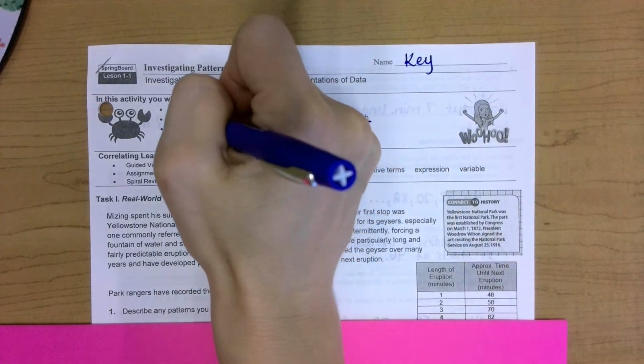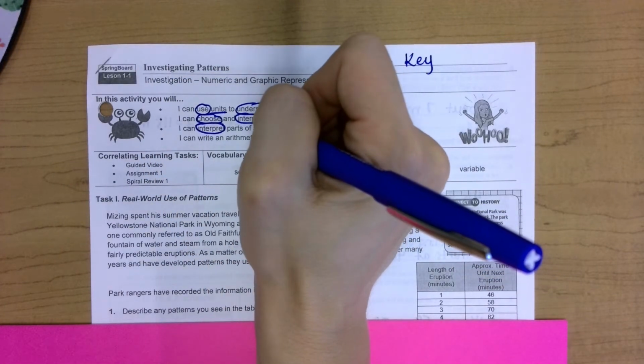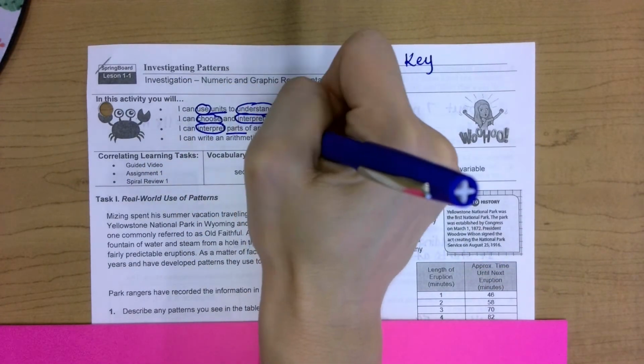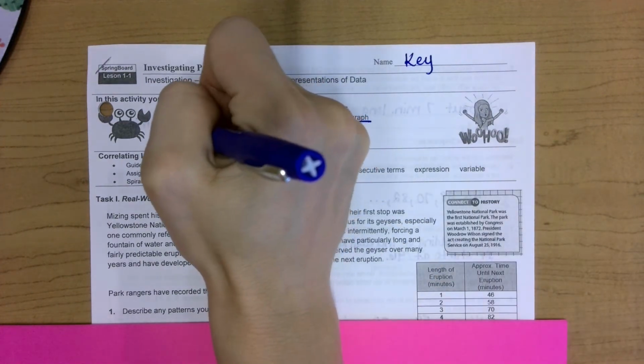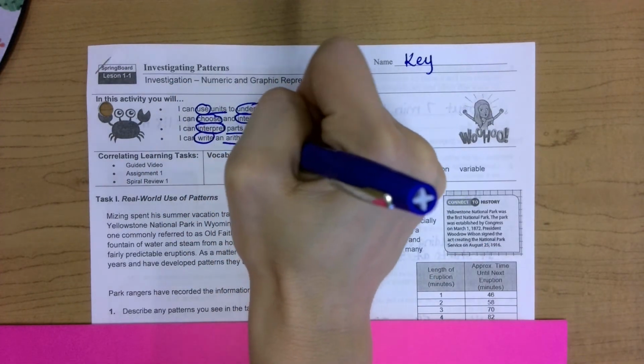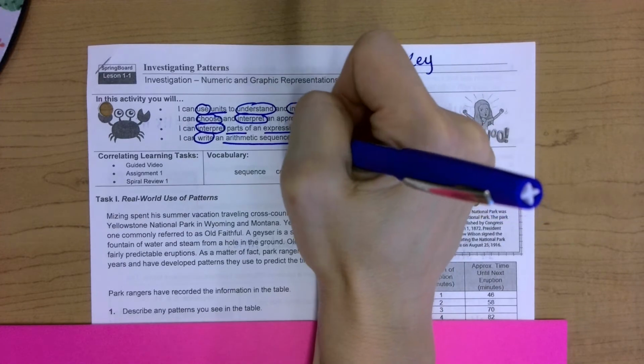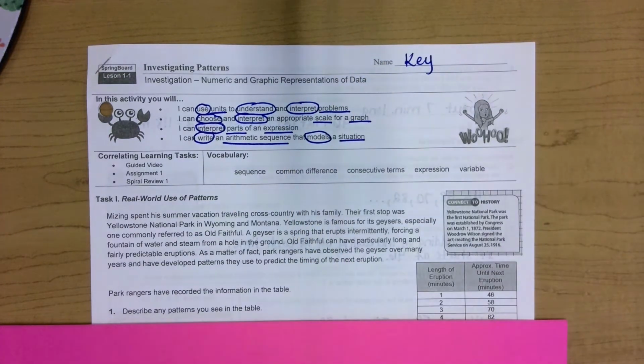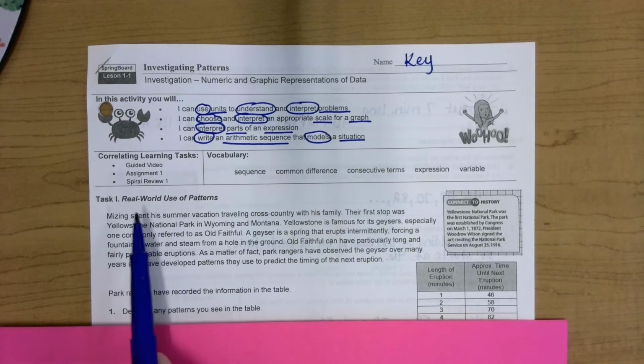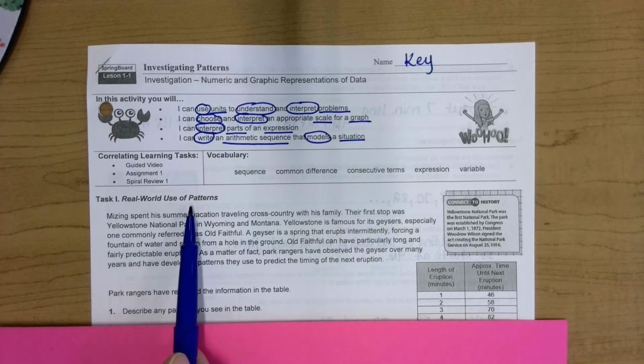I can interpret parts of an expression, and I can write an arithmetic sequence that models a situation. So that is what you need to be able to do at the end of the lesson once you go through everything.